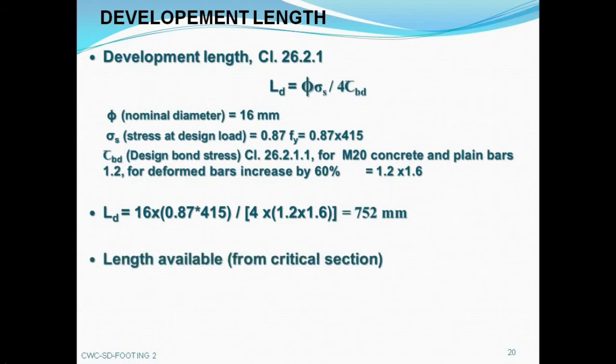Now, we have the required development length in hand and we have to check whether the length available will be sufficient or not. Length available from the critical section, that is from the face of the column to footing end, is equal to 1275 minus 75, where 75 is the clear cover, which is equal to 1200 mm and it is coming greater than the development required.